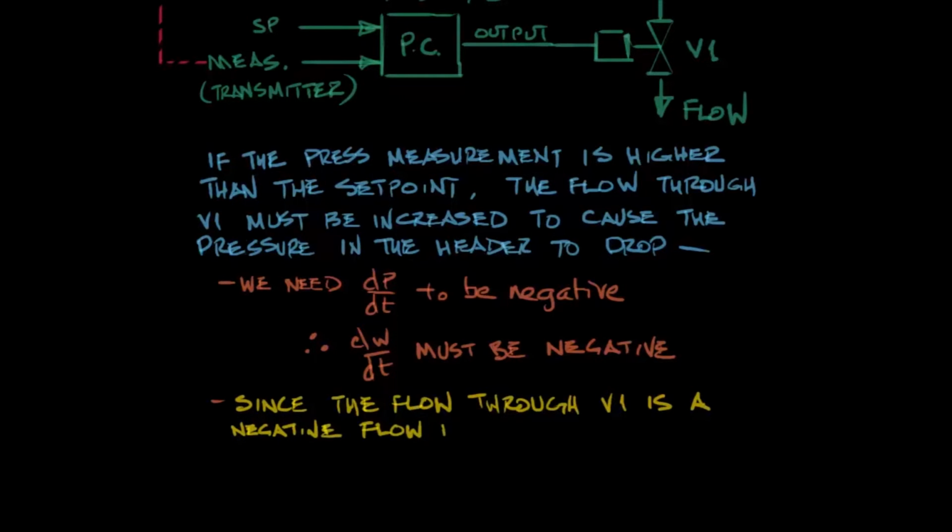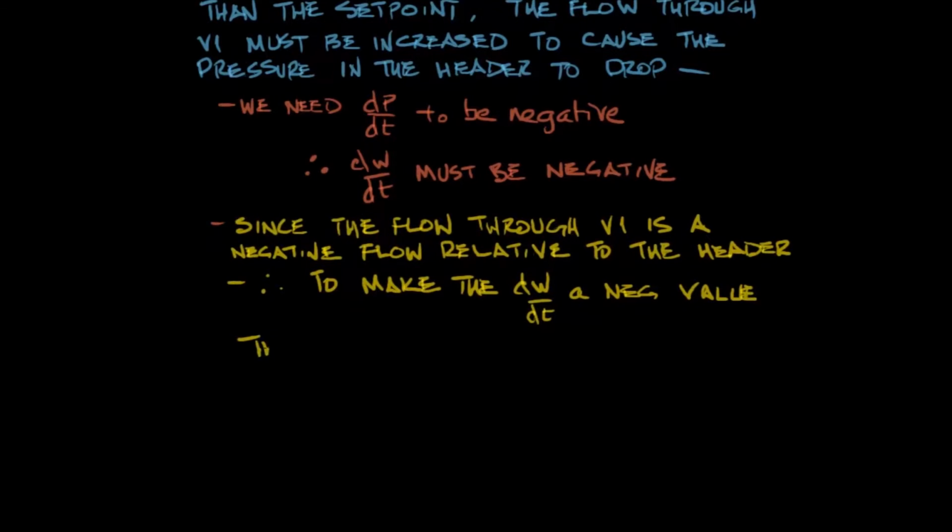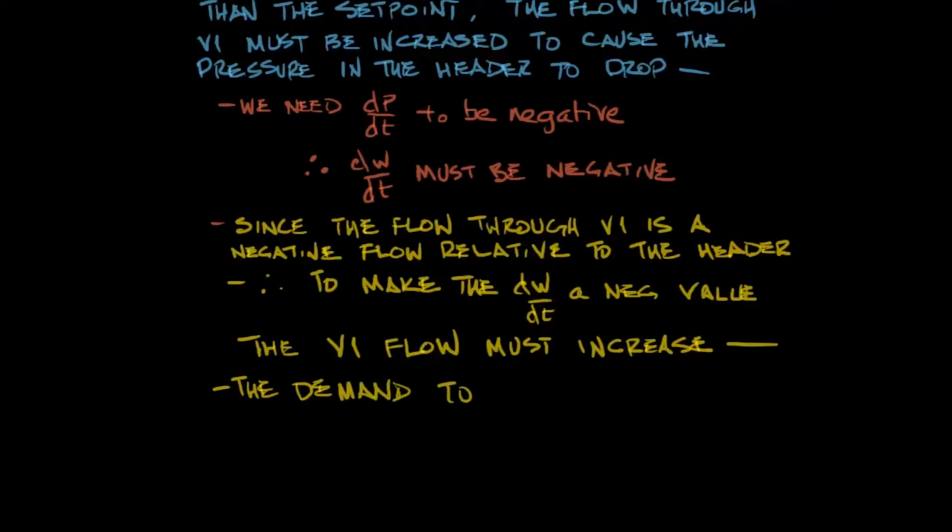Since the flow through V1 is a negative flow relative to the header, in other words, by our definition, flow that comes into the header is positive, flow that goes out is negative, we want to make dW/dt a negative value if we want to get the pressure to drop, and that means we've got to increase the flow through V1 in order to create a negative time differential of the flow.